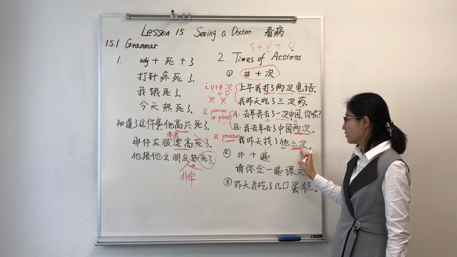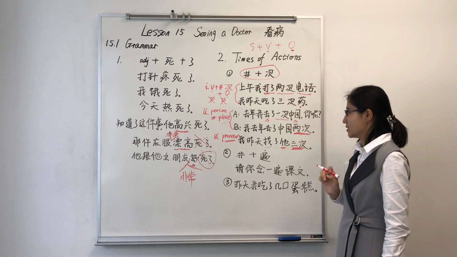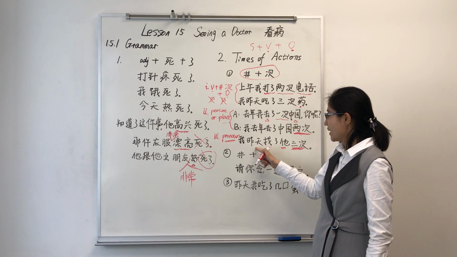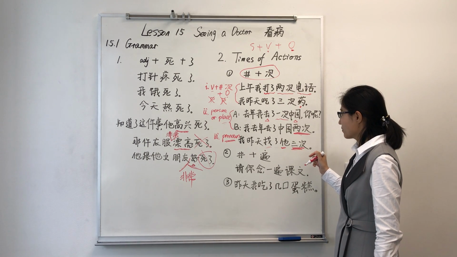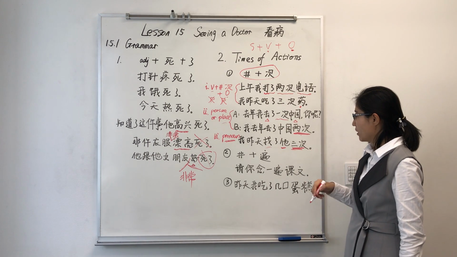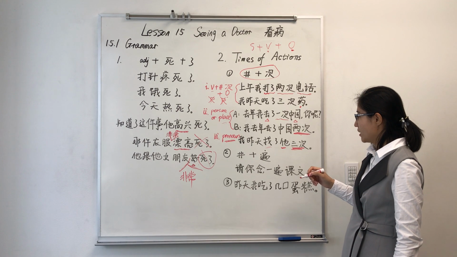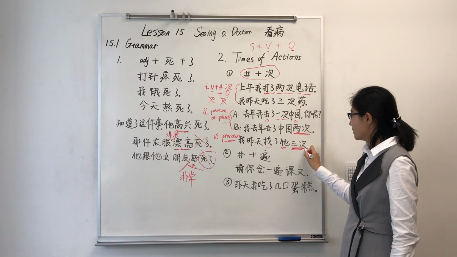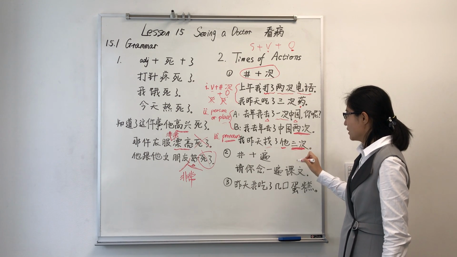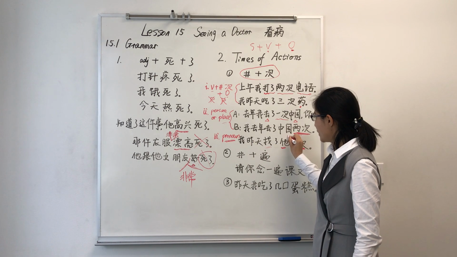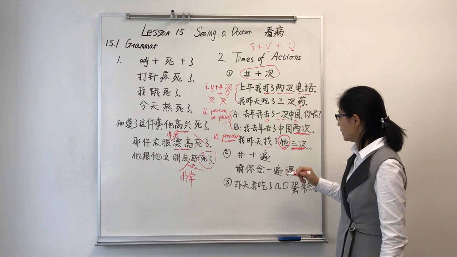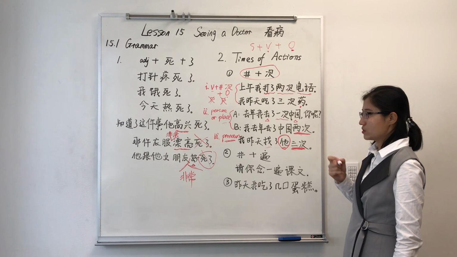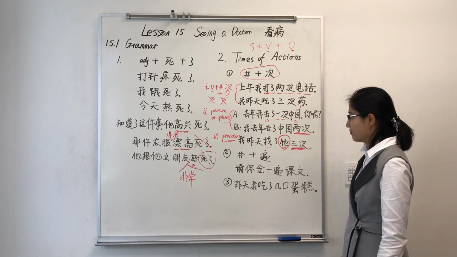For example, 我昨天找了他3次. I looked for him 3 times yesterday. So remember, put it at the end of the sentence if the object is a pronoun, all the personal pronouns.